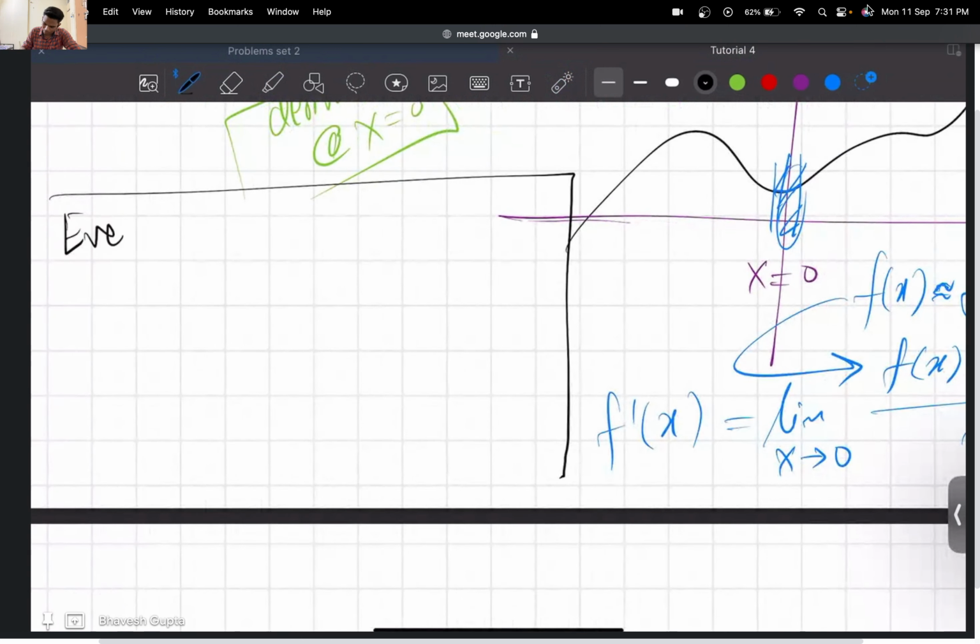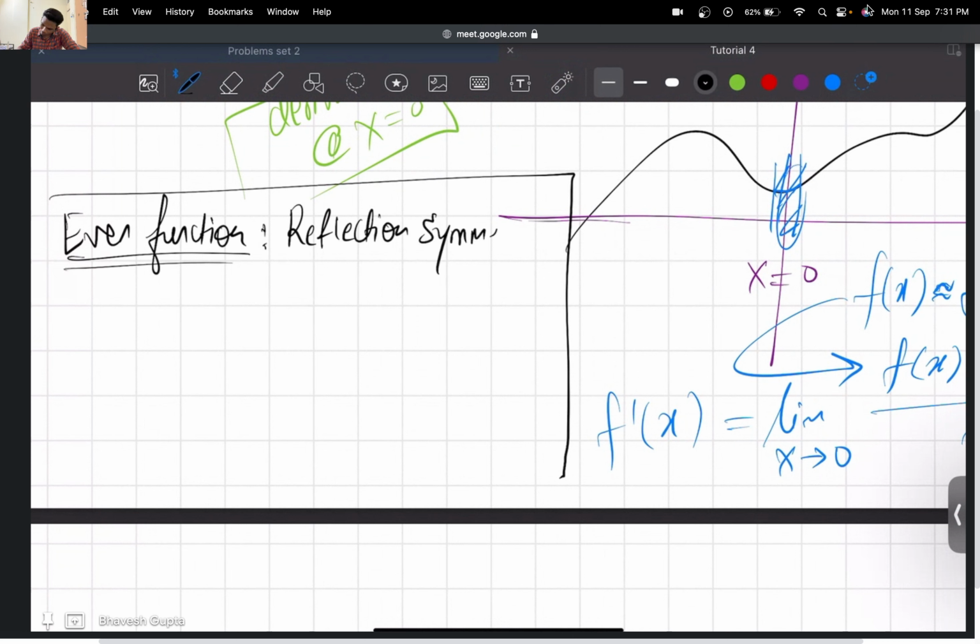An even function basically has reflection symmetry about the y-axis. This is the geometrical point of view.